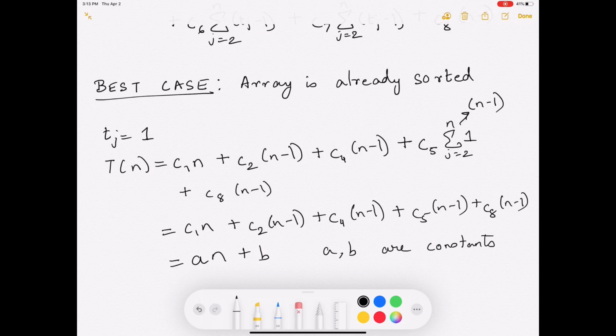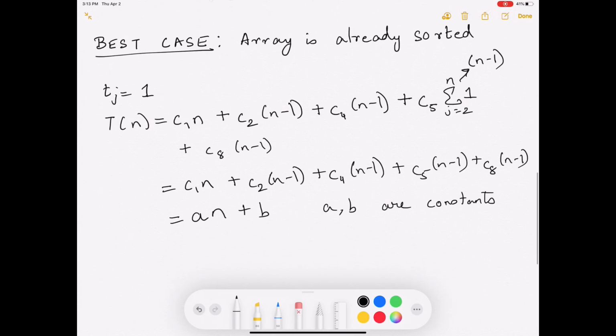Okay. So ultimately, in the best case, T(n) is a linear function of n. So when the array is sorted, insertion sort is going to take a linear amount of time.